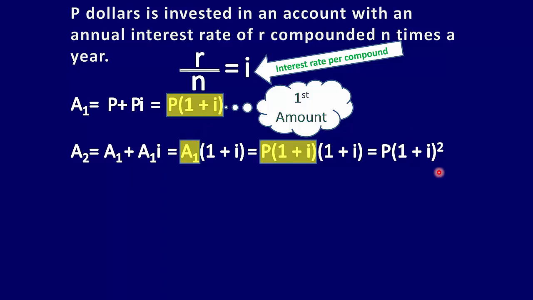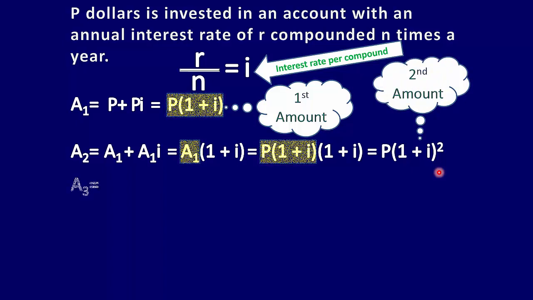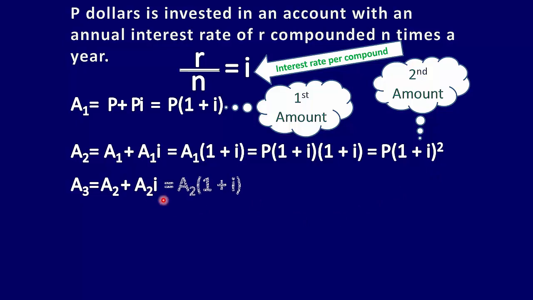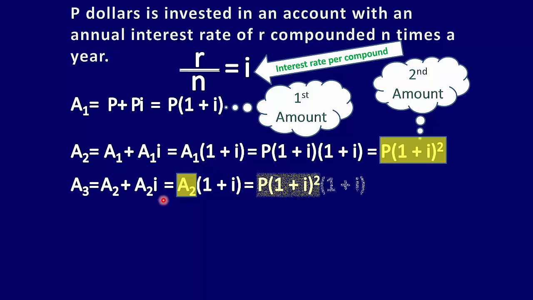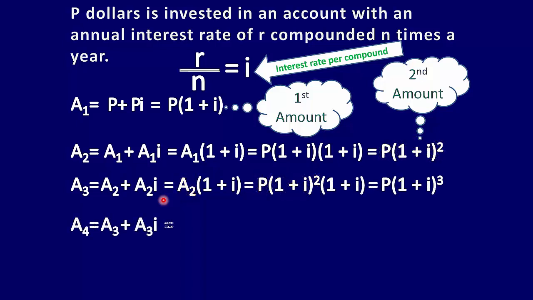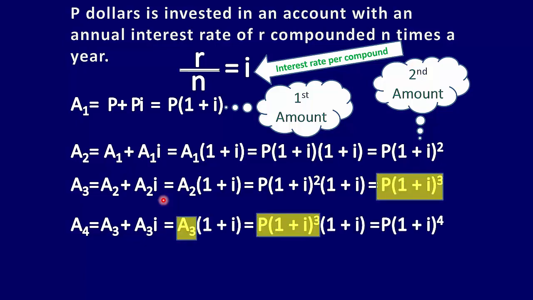Okay, let's look at this third. So you can see how this goes. We have the amount from the previous plus the interest rate times the amount from the previous. Factor out the A2. You can see how we get these formulas. We do A4 and so forth. You can see we come up with a formula here because we're saying, okay, let's look at the nth compound.